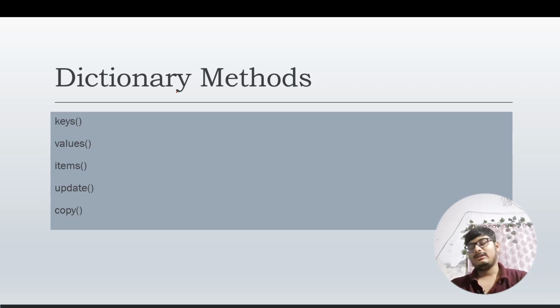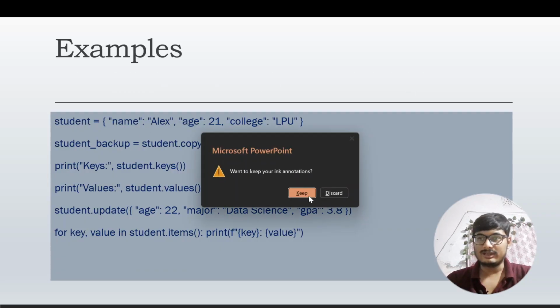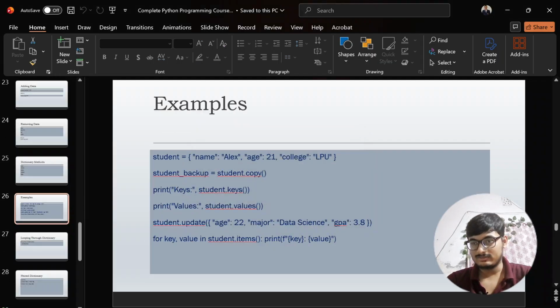Let us move on to the next slide, which is dictionary methods: keys, values, items, update and copy. This is a program, so let us copy this program.